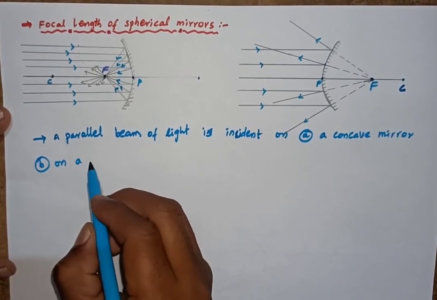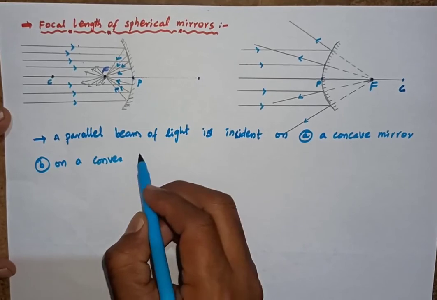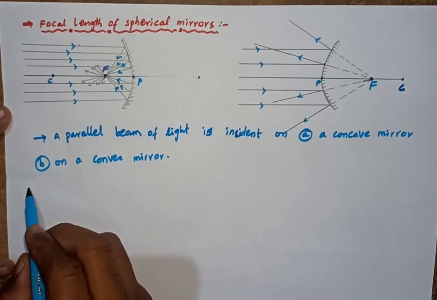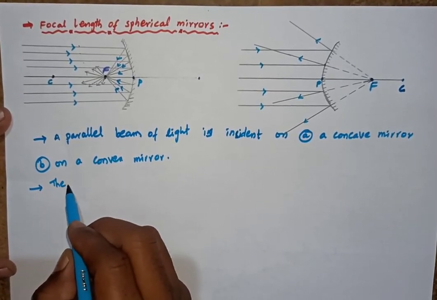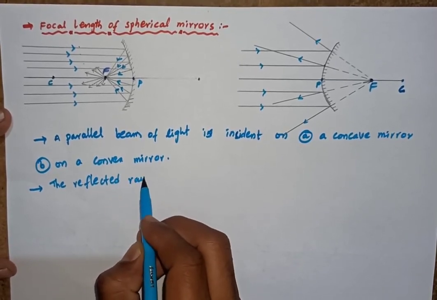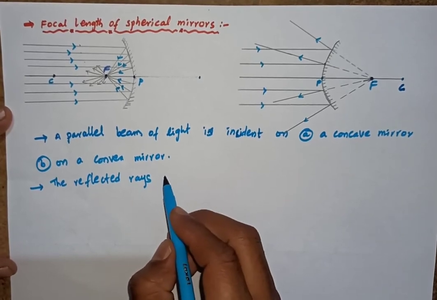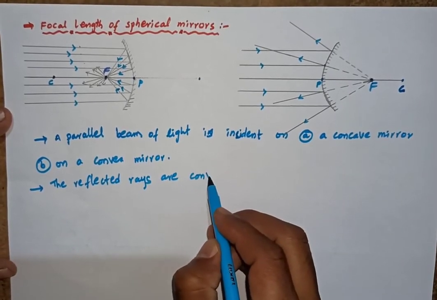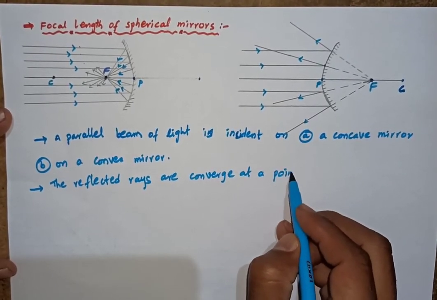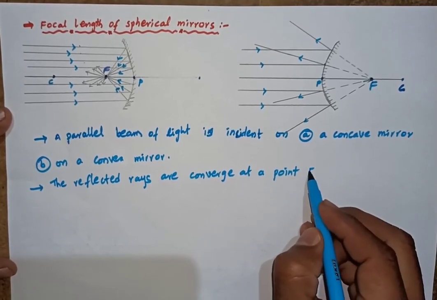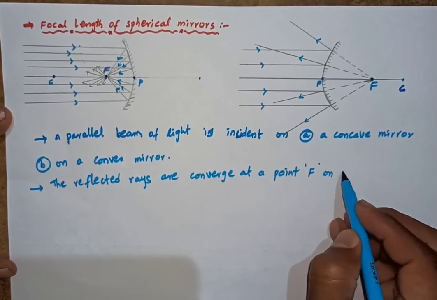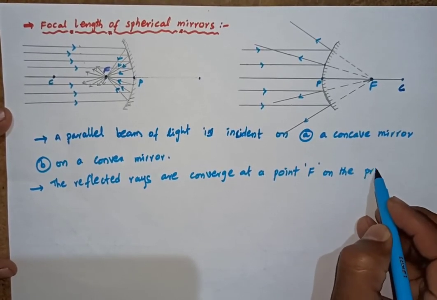The reflected rays converge at a point, capital F, on the principal axis of the concave mirror.